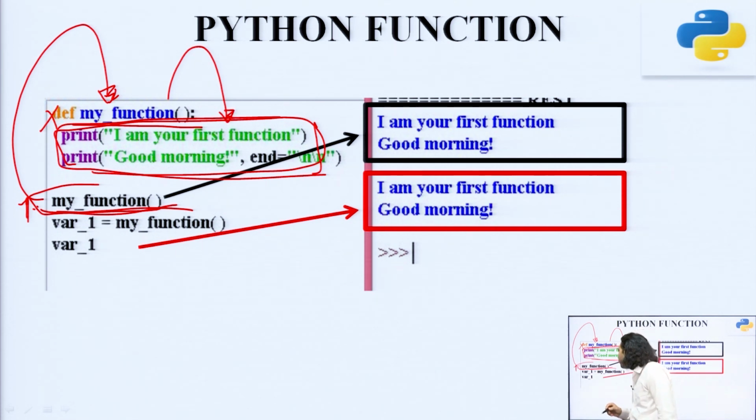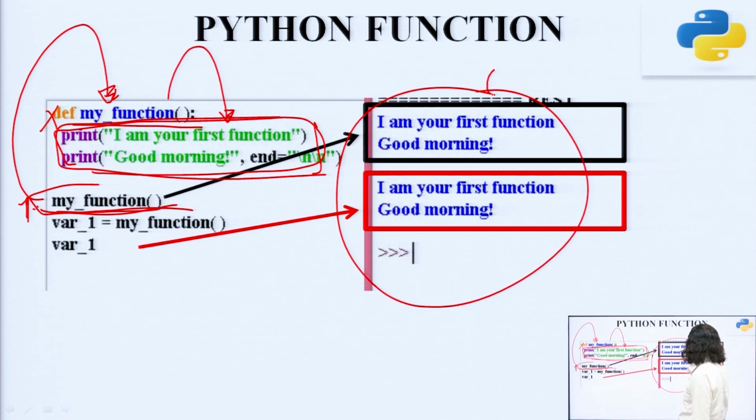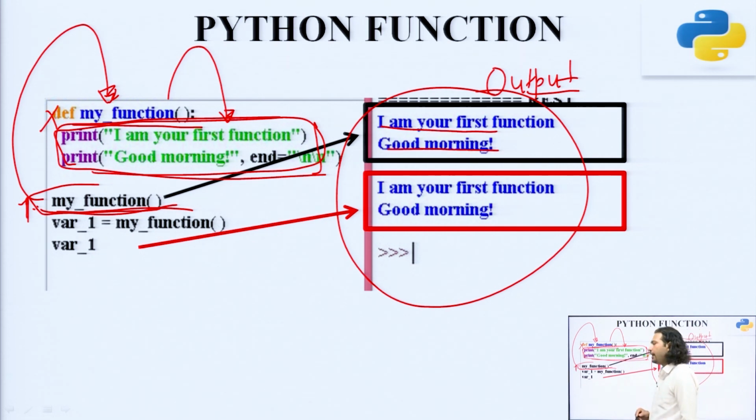from where we are going to execute this block of code. Here in this output, you can see that we got the two statements, that is, I am your first function and good morning. And here you can see again we are referring to var1 is now equal to my function.